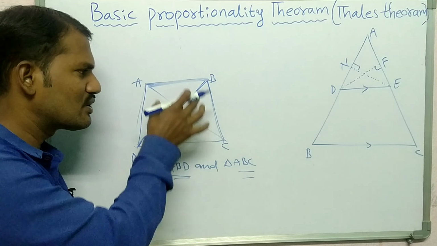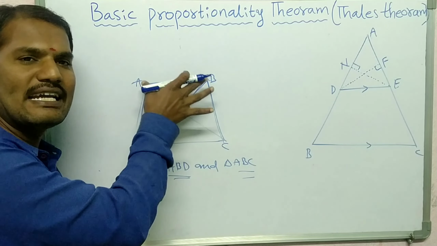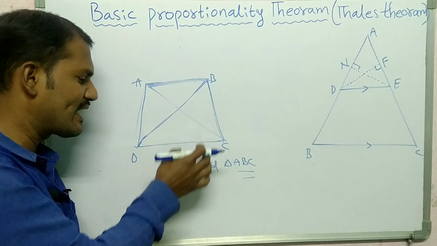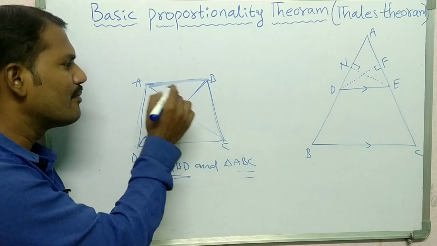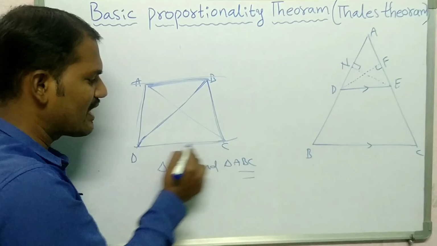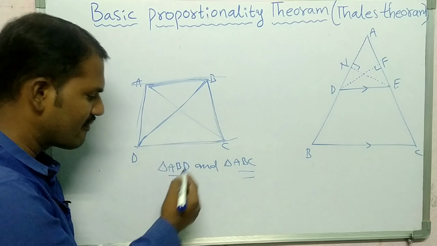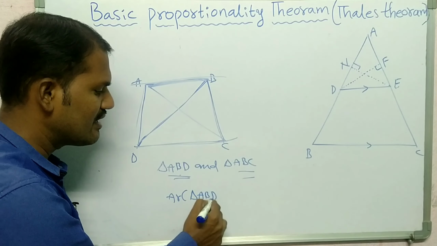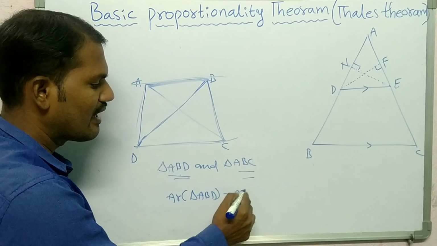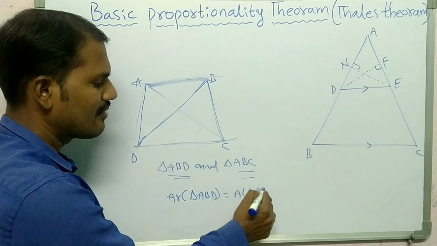AB. These two triangles, ABD and ABC, are on side AB, and both triangles are between the two parallels AB and BC. Then we can say area of triangle ABD equals area of triangle ABC.